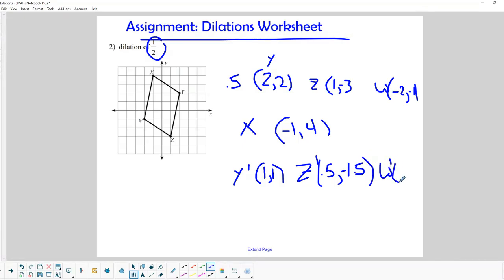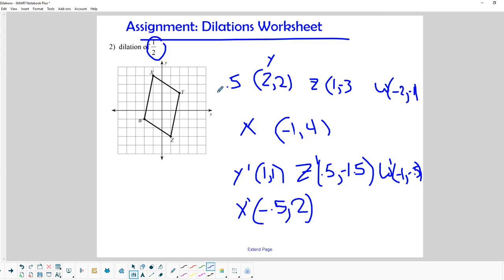W prime will be negative 1 and negative 0.5. And then our last one, x prime, when you multiply each of those by 1/2, will be negative 0.5 and 2.